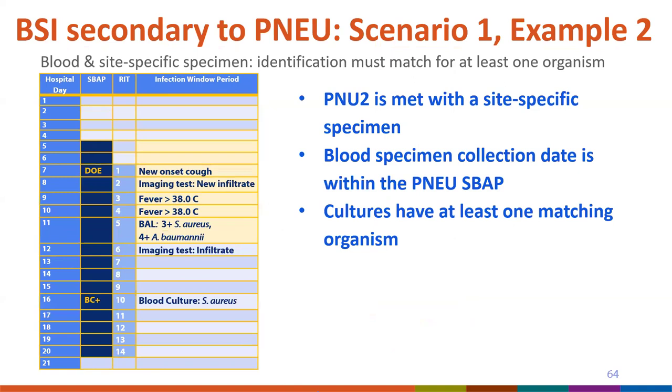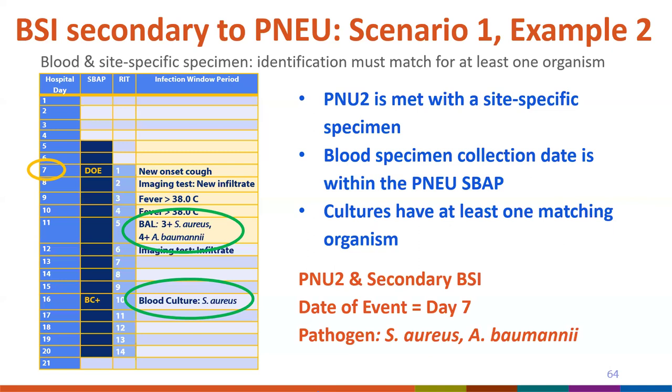In this example, NEW2 is met with both the Staphylococcus aureus and the Acinetobacter identified in the BAL specimen. Both organisms have semi-quantitative culture results that meet the requirements. The BSI organism matches at least one of the organisms in the site-specific specimen, Staphylococcus aureus, and therefore the BSI is attributed as secondary to NEW2.